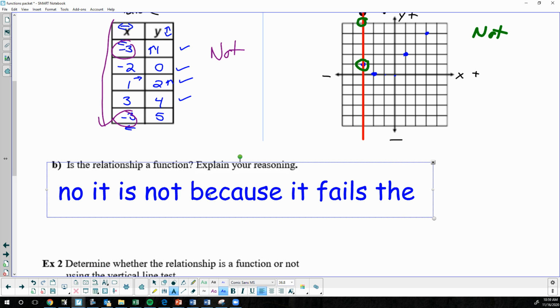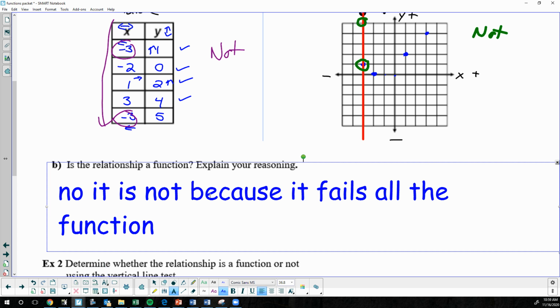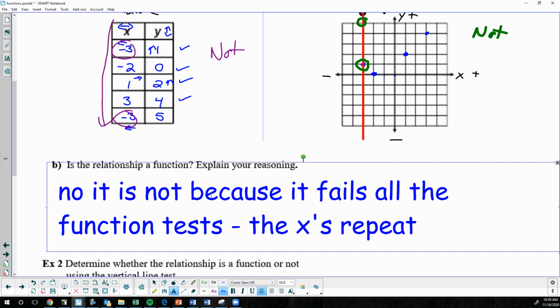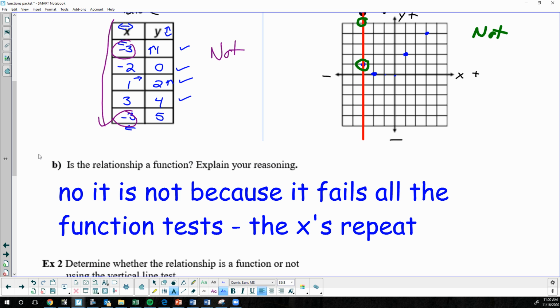Now we did it on many different occasions, so we can just say it fails all the function tests. The x's repeat. So that's kind of a generic one. If they were talking about anything specific, you might want to be more specific, but for right now, just generally speaking, it fails all the different function tests that we learned on page 1.